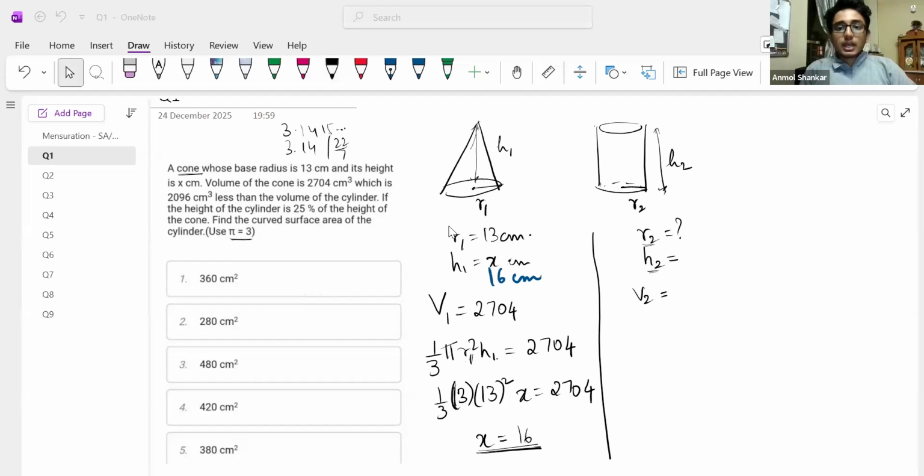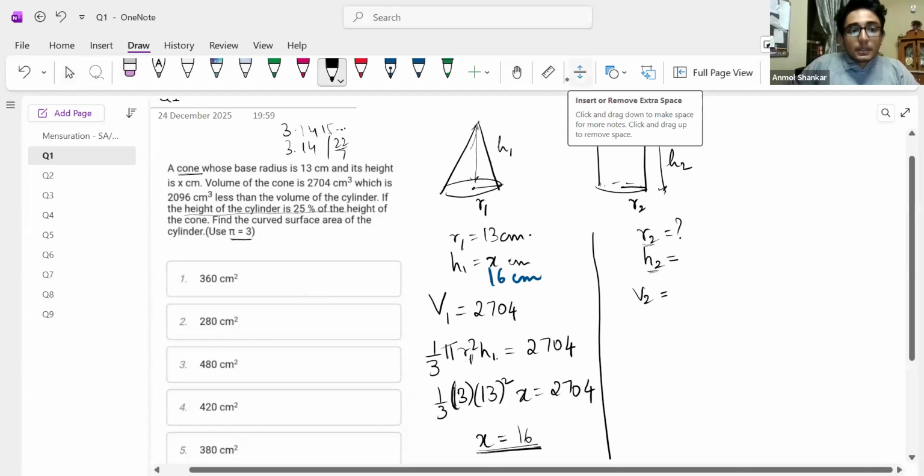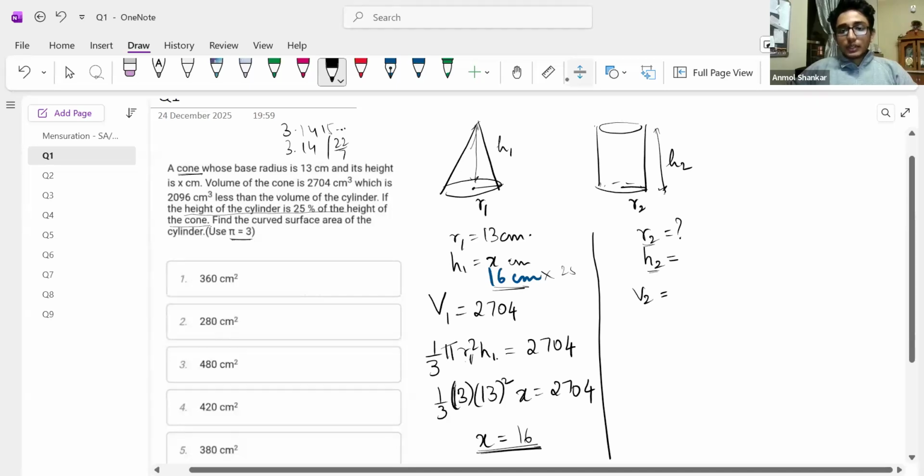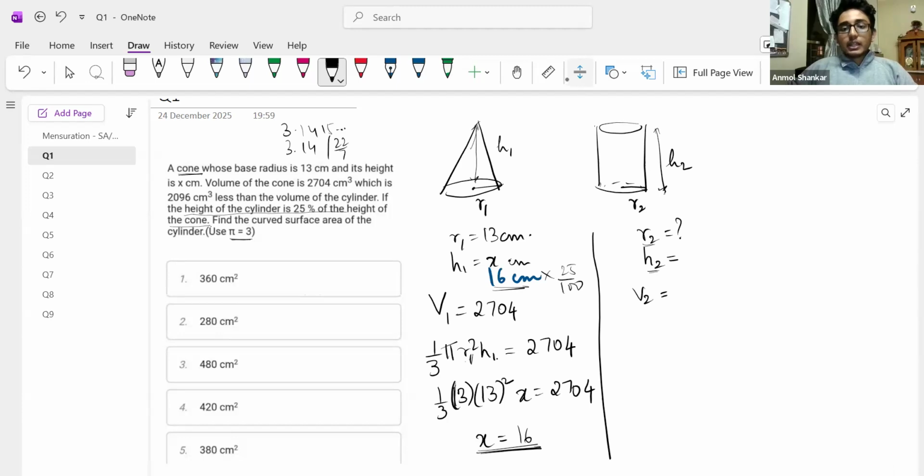Yes, what is the height of the cylinder? 4, yeah, correct, because it is given that the height of the cylinder is equal to 25% of the height of the cone. The cone's height is 16, so 25% of 16 we will get 4. So the height of the cylinder is 4.